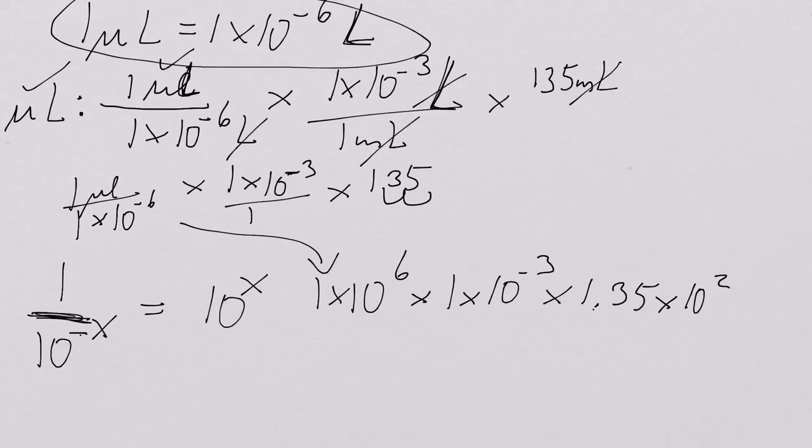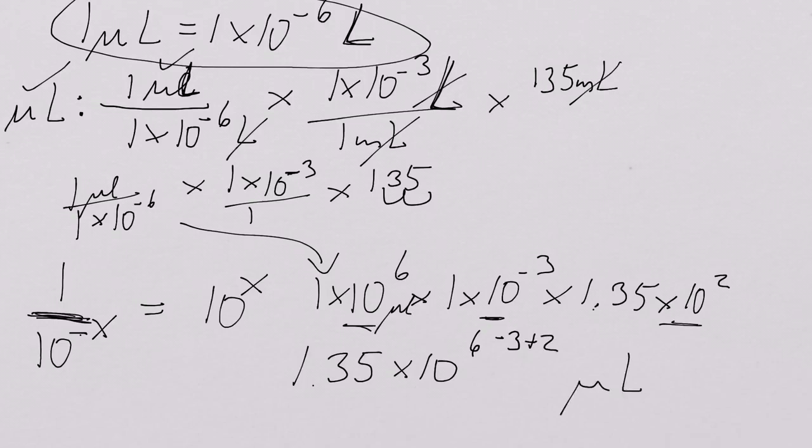And now we have exponents. And we know that we can deal with exponents if they have the same base, which is 10 here. We just simply can add and subtract them. So we can write 1.35 times 10 to the 6 minus 3 plus 2 microliter, still the microliters. 6 minus 3 is 3 plus 2 is 5.